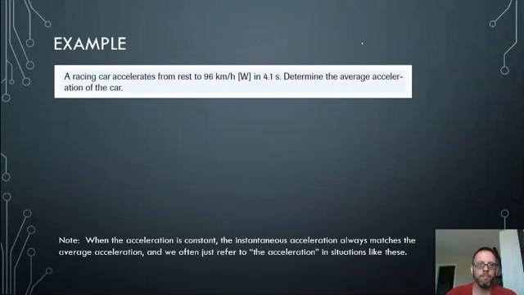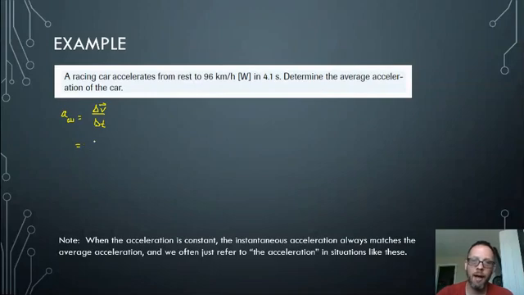So let's do a quick example. We have a car accelerating from rest to 96 kilometers per hour west in 4.1 seconds. Let's find the average acceleration of the car. This question doesn't specify units, so let's look at this two ways. Average acceleration is change in velocity over change in time.